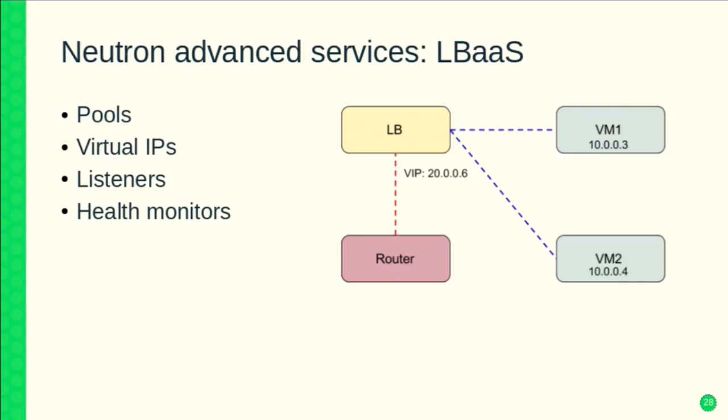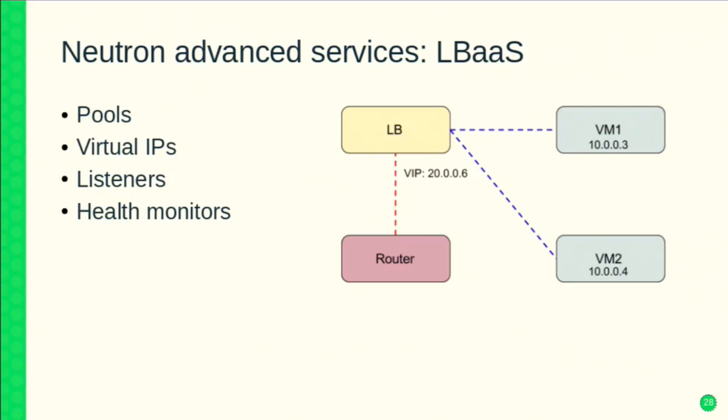So we have here the load balancer as a service. In the load balancer as a service, as you might imagine, you just want to have a load balancer. To do that, you define a pool. A pool is just a group of machines. And then you associate a virtual IP with the pool.